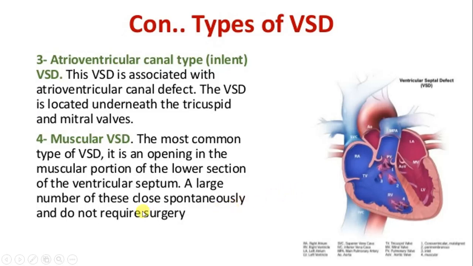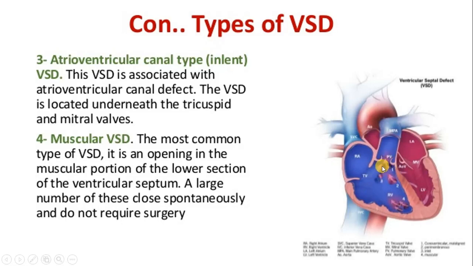A large number of these close spontaneously and do not require surgery. Here, this one, number 2-1, is the perimembranous VSD below the pulmonary valve. This is most commonly closed by surgery because it does not close spontaneously.